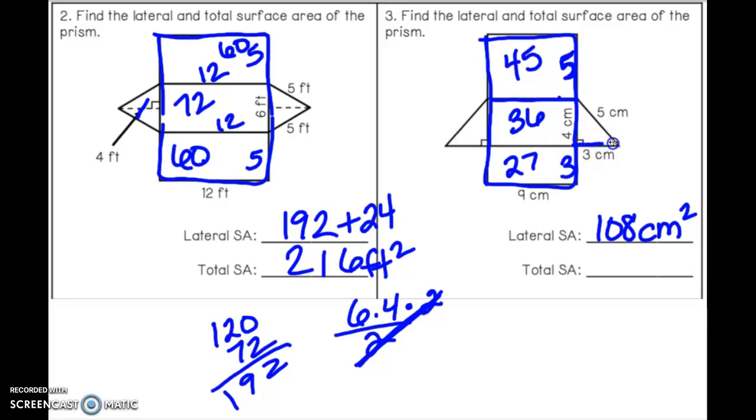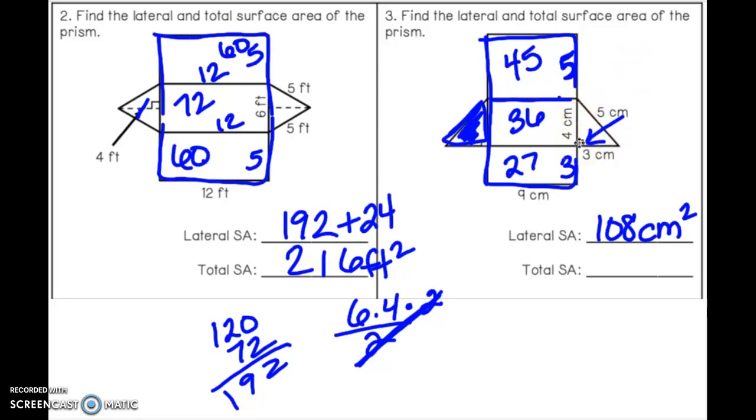But now I have 2 triangles. Now I have to add the bases to this next piece, right? The bases. So the base is 3 and the height is 4. And remember, you know it is because if I now erase that, you can see where the right angle forms. So that makes this right here the height.